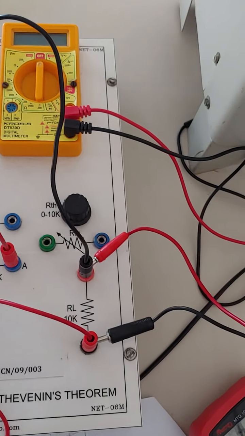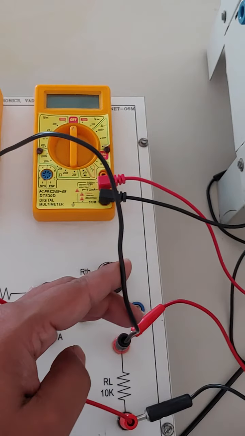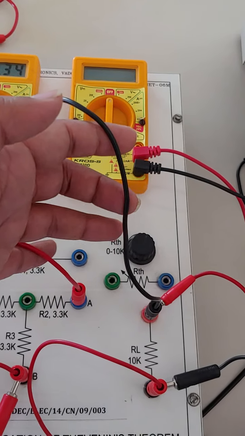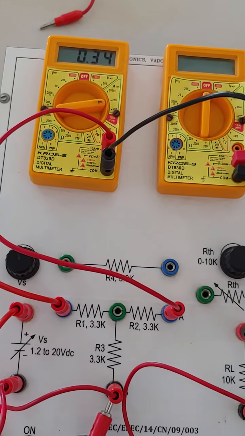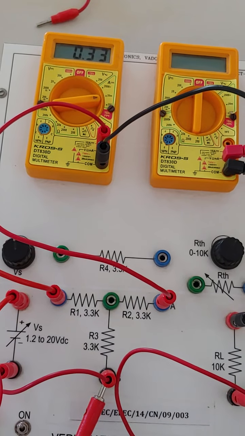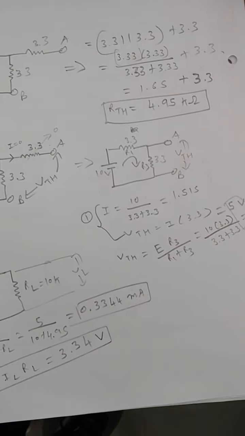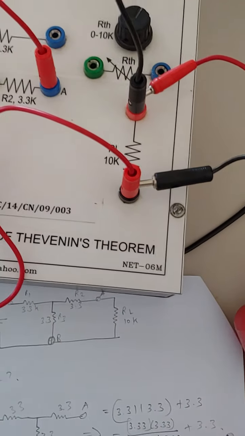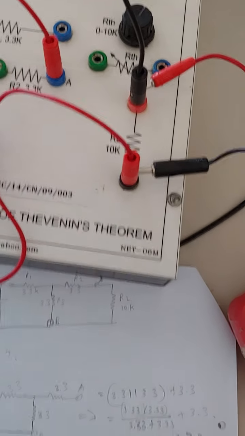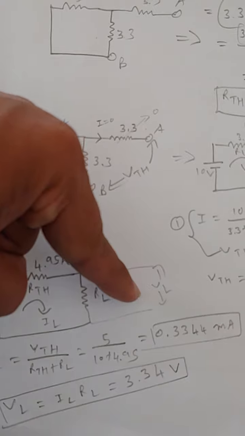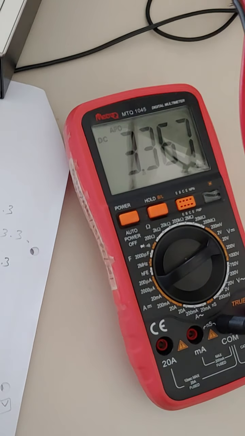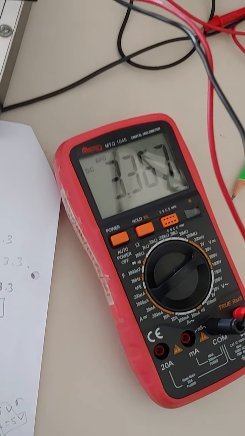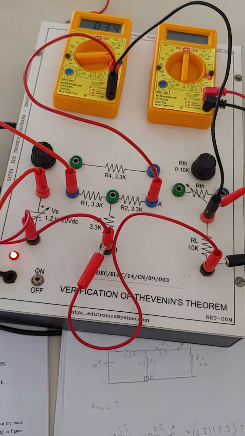We are measuring the current here between these two points. It is nearly equal to 0.33, the same we are getting over here. And if you measure the voltage VL like this, it is 3.34. I have put the voltmeter across it, so you can see it is approximately 3.34. In this way you can measure.